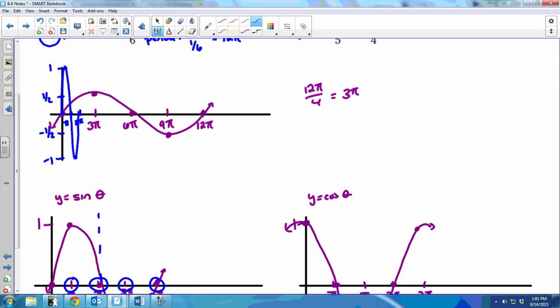So we have definitely stretched it out. We've way stretched it out. But on your homework, it's not necessarily going to look like we stretched it out because we just changed the scale on our graph. I just want you to understand that you are changing what it looks like each time. Any questions on that one?